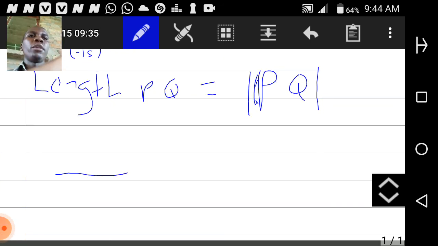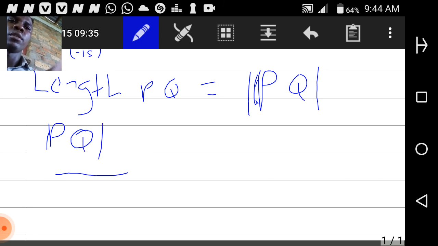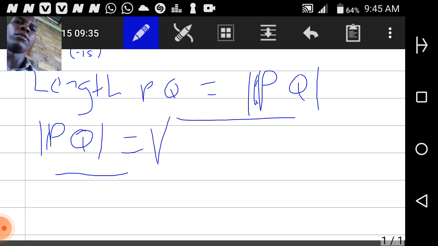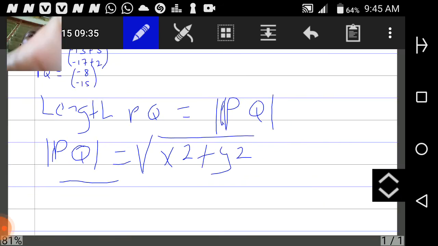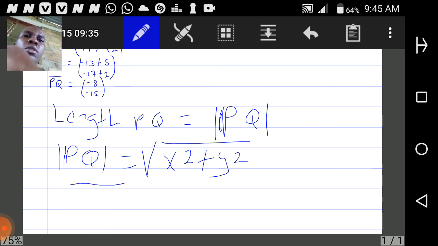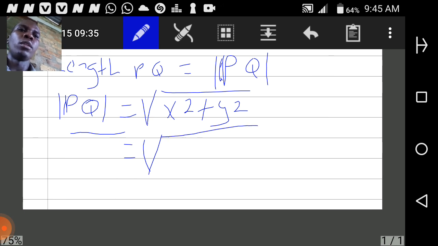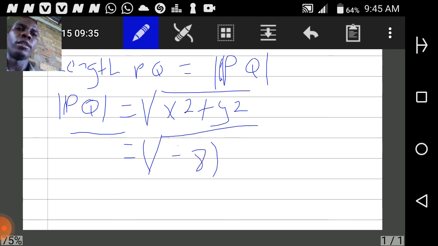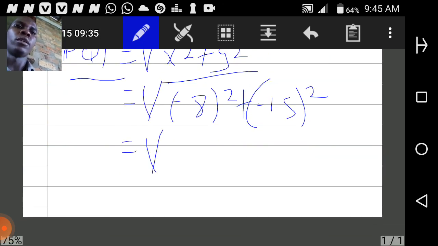We know that the formula for finding the length is the square root of x squared plus y squared. So here we have the square root of negative 8, everything squared, plus negative 15, everything squared.